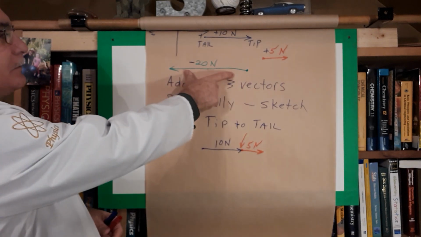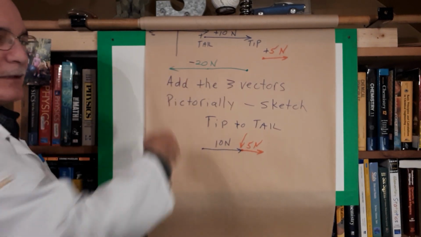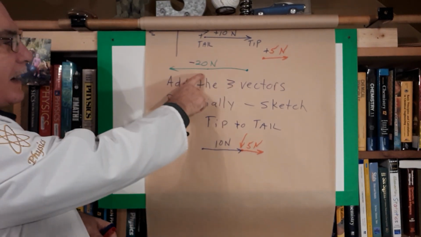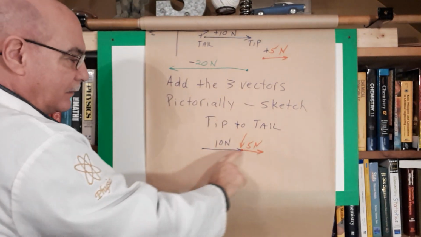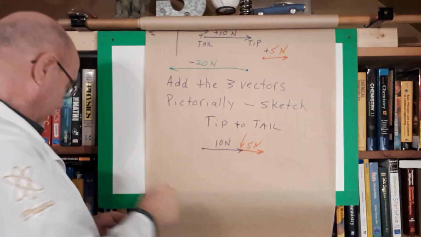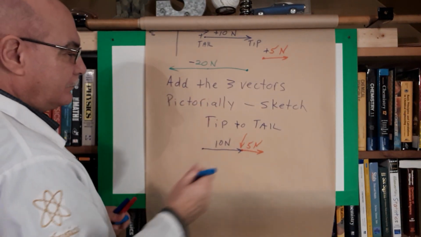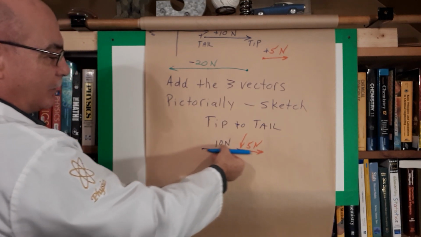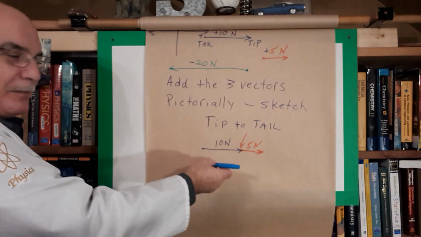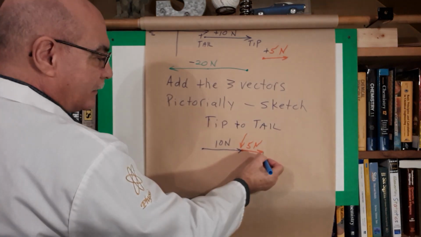And then this vector is going in the opposite direction. I'm going to also add this to these two vectors, tip to tail, at the very end of these two vectors here, and put the tail to the tip. I should go over top of this one going backwards, but then you won't be able to really see it, so I'm going to connect it here.